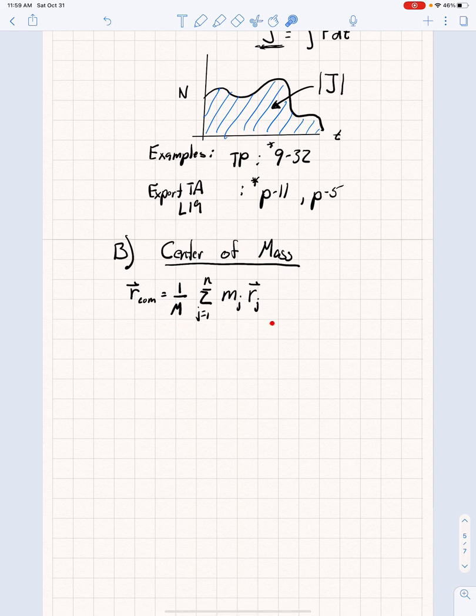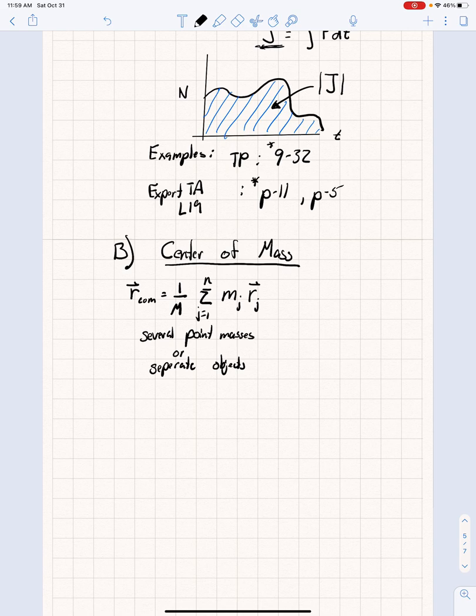So this formula works when I've got several point masses or separate objects that I want to add together in order to determine where the center of mass of that system is.